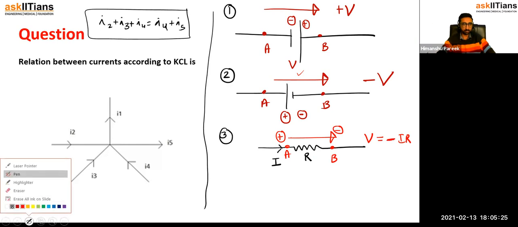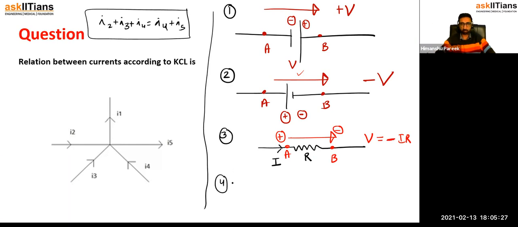Now, if I take case number 4, let's say the current is flowing like this, but I'm walking in the opposite direction. So this is A to B I'm going. In this case, what should I write for V? Now if the current is going this way, always mark the higher potential.